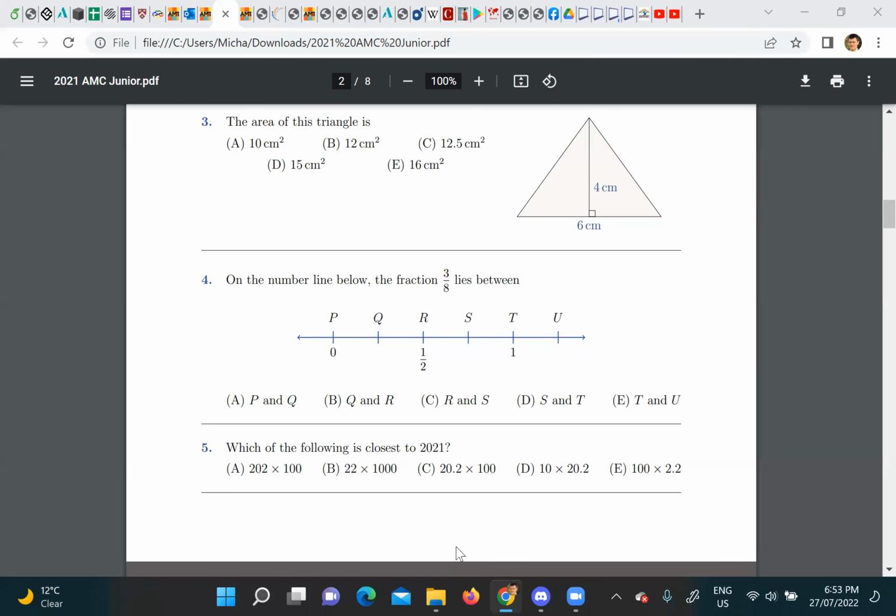I think it's Q and R. What did you say? I think it's Q and R. Yeah, because Q is a quarter, right? So this is less than a half and bigger than a quarter, yeah? So it's B, yeah?